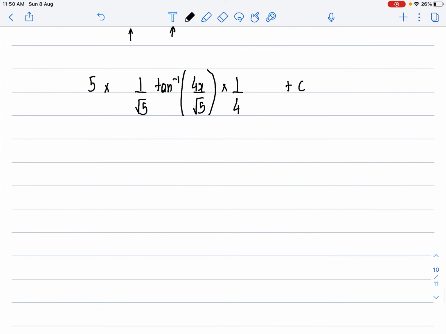So now what I can do is, first I have root 5 here and 5 here. So I can write this root 5 in the numerator, divided by, I have the 4 here, so I can write 4 with the tan inverse of 4x over root 5 plus c, which is the final answer.